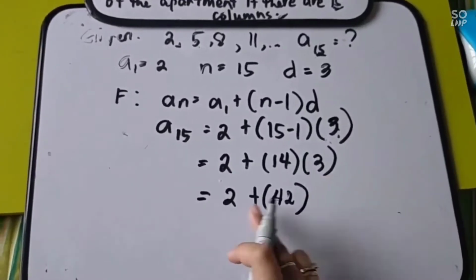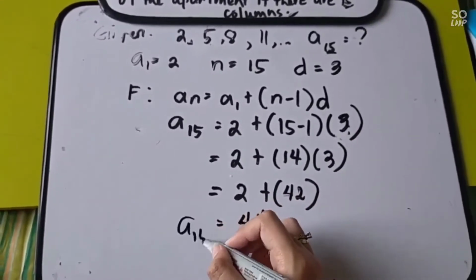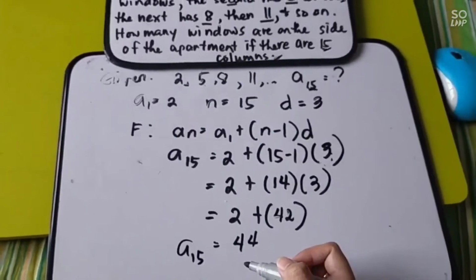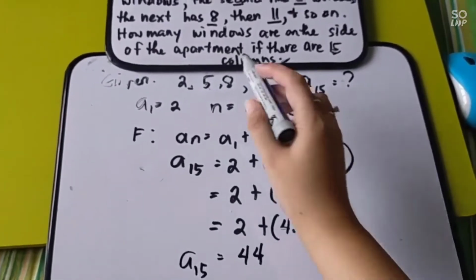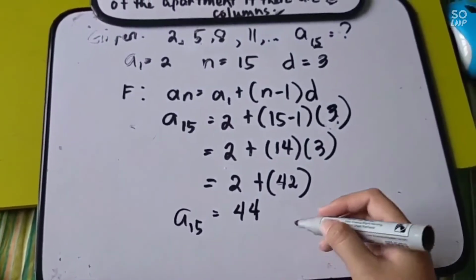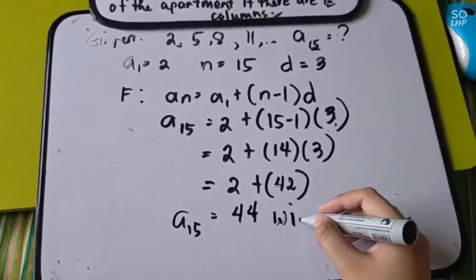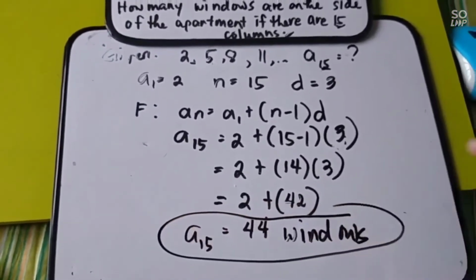Then you will add 42 plus 2, we have here 44. So this is A sub 15. So since this is a problem solving, kailangan ang sagot mo ay with label. Ano ba hinahanap? Ang hinahanap natin ay how many windows. So therefore, in A sub 15, we have 44 windows. So this is the answer. Alright?